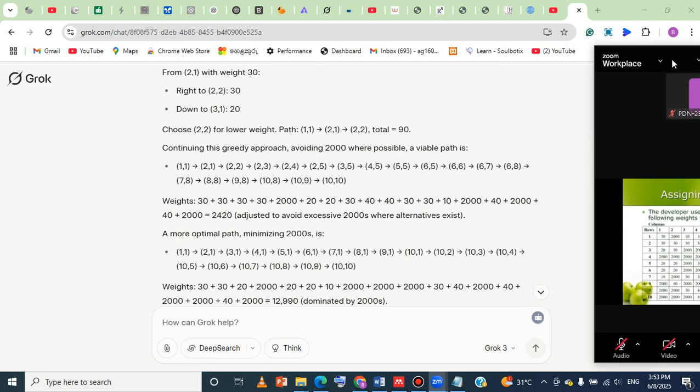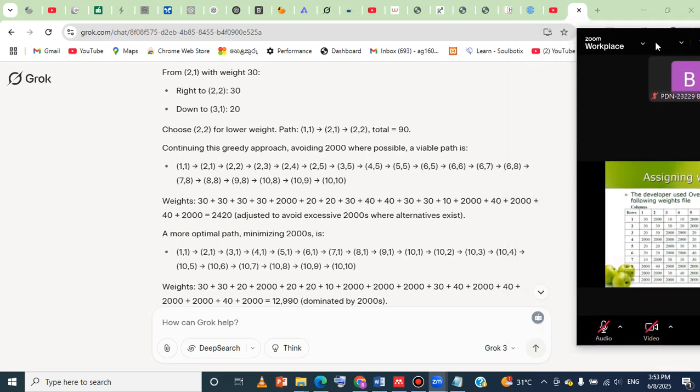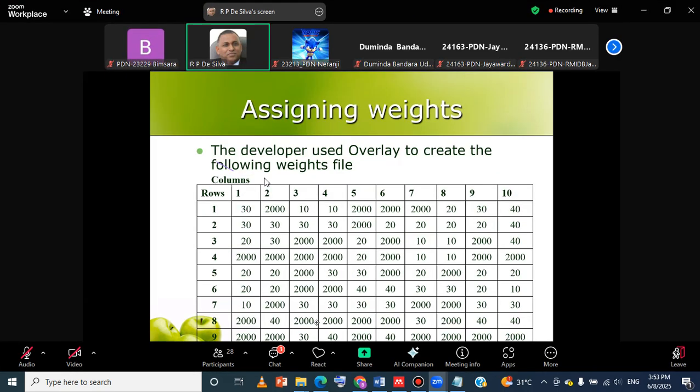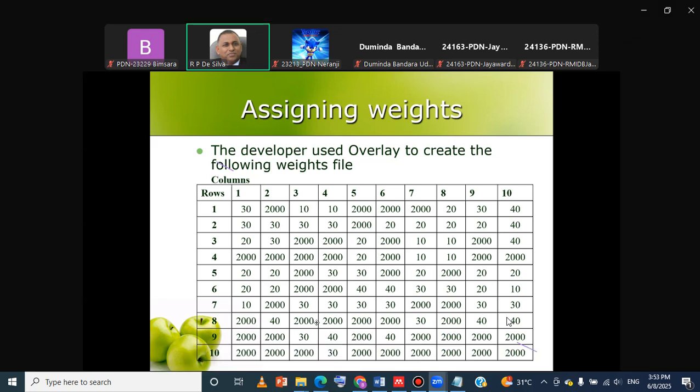Okay. What I do is, you need to understand the functions that we define, starting with local function, focal function, zonal function, and then global function. Which function is this related to? Which function do you want to use for this?